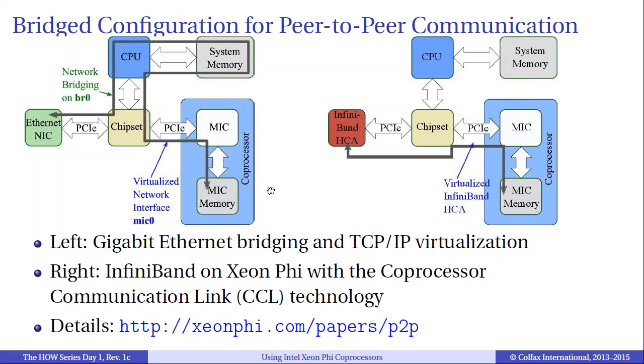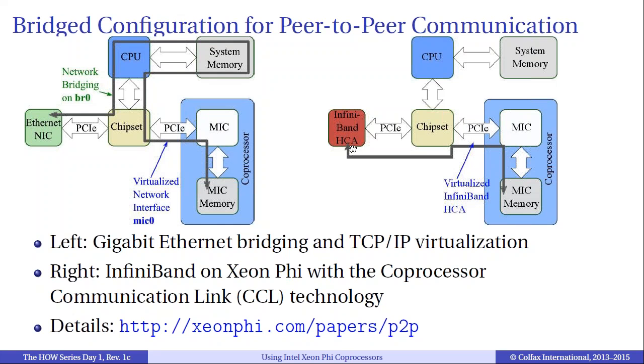There is another way to transfer data out of Xeon Phi to other coprocessors in the cluster, and this is the CCL technology, coprocessor communication link. In this mode, Xeon Phi can talk directly across the PCI Express bus, bypassing the host, to an InfiniBand interconnect.